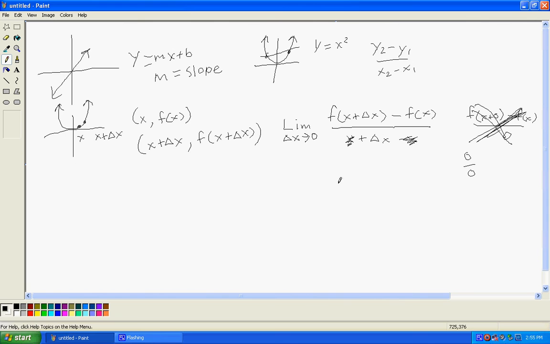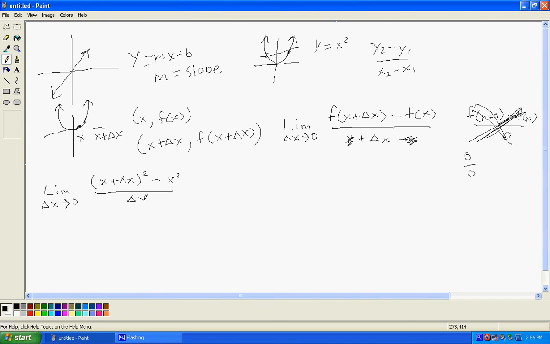What we want to do, though, is we want to go ahead and multiply this out, right? Let's do it for y equals x squared. So we'll get the limit, remember, as delta x approaches 0 of, for x squared, x plus delta x squared minus x squared over delta x.